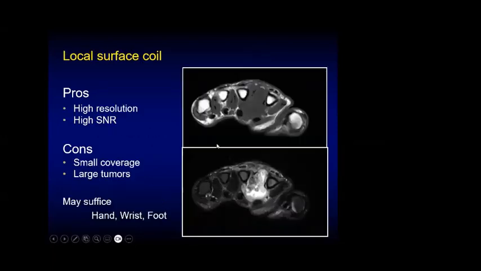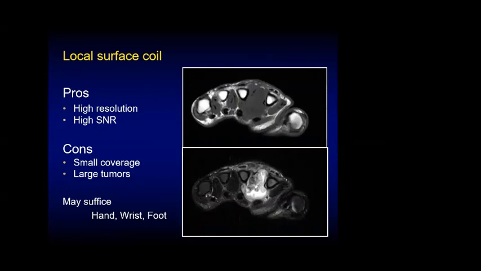So here, for example, we have a patient with a tumor in the hand. In this case, we used a local surface coil, and this local surface coil has better resolution and signal to noise ratio compared to a larger body coil, for example. So this is what I was talking about: choosing the coil could actually significantly change your image quality and optimize the resolution of the image.